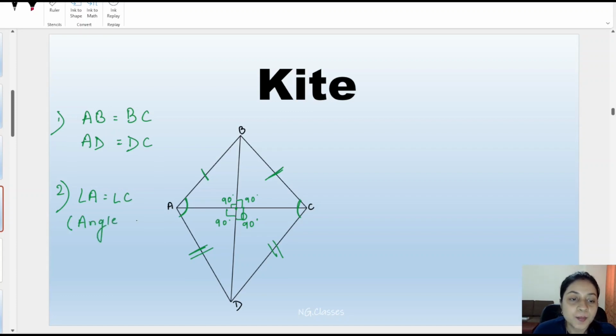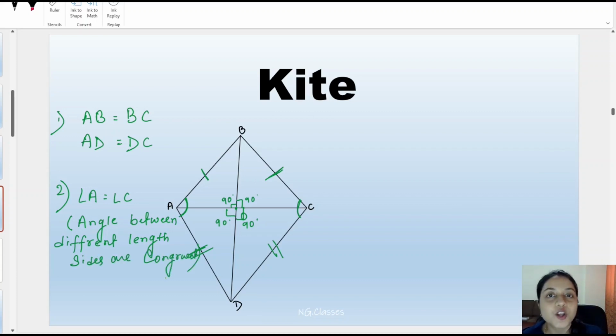Angle between different length side are congruent.